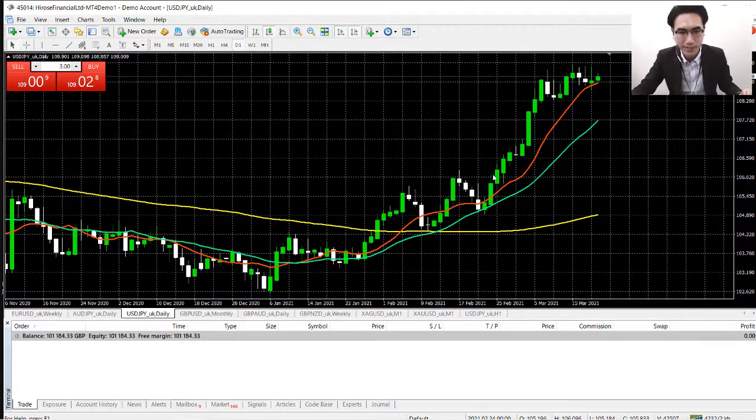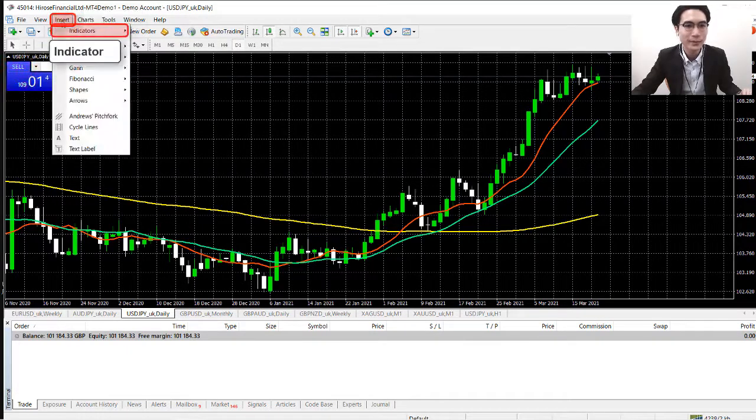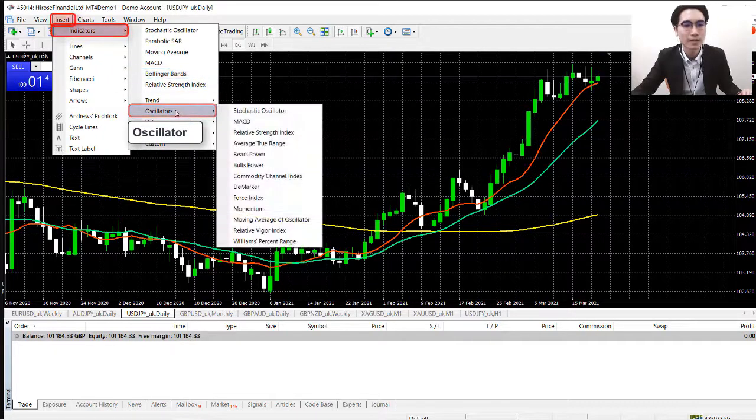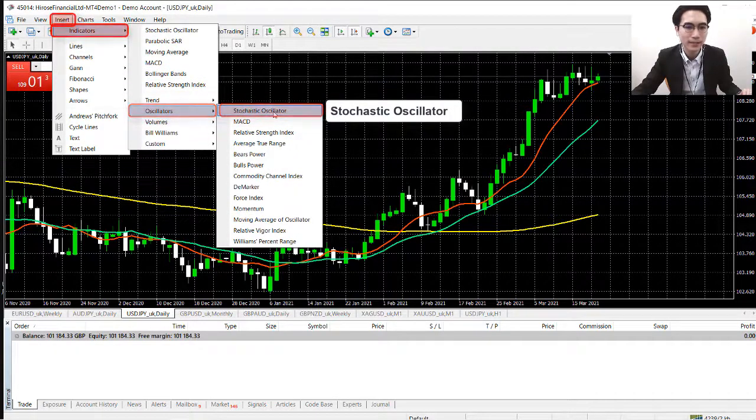So now I have the simple moving average set up. Next is our indicator for today, which is the stochastic. Setting up the stochastic is pretty simple. We go to Insert, then Indicator, and Oscillator. Under Oscillator we see Stochastic.